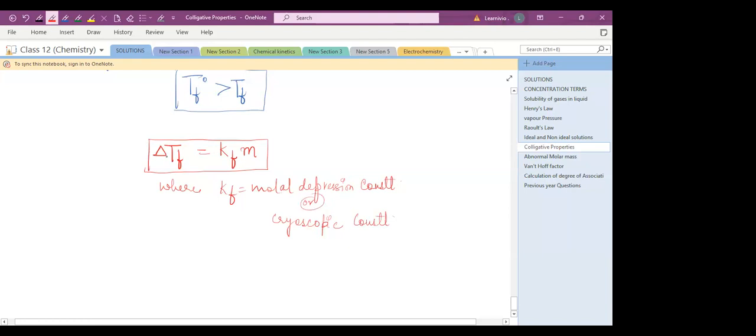So basically, the depression in freezing point is the product of your molar depression constant and your molality. Small m is your molality.